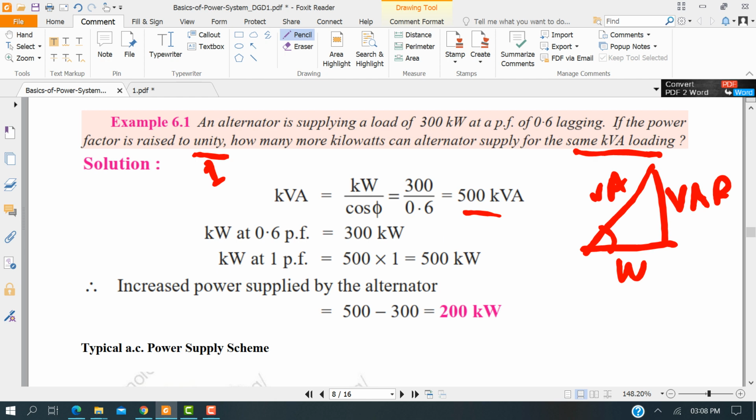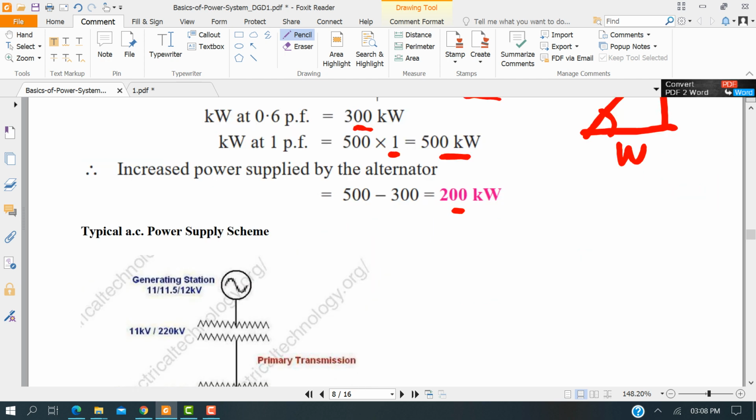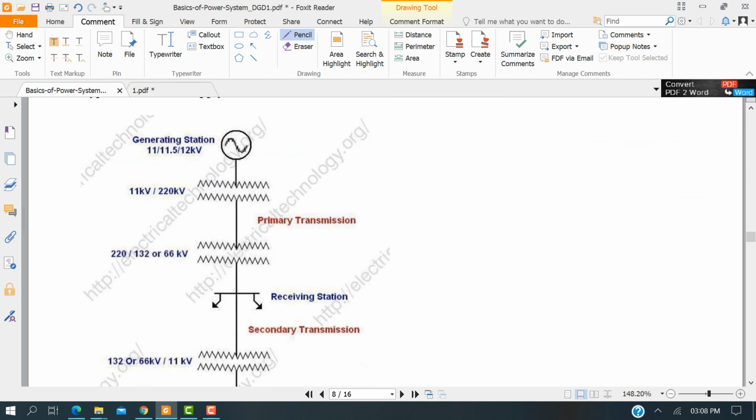So at 0.6, the power given by the alternator is 300, but whenever the power factor is improved to 1, it can give more output power, so 500. So additional power it can give is 200 kilowatt. So it's the improvement.